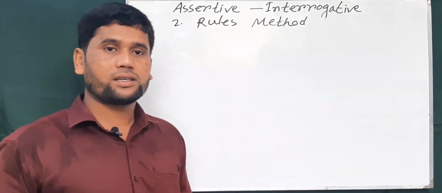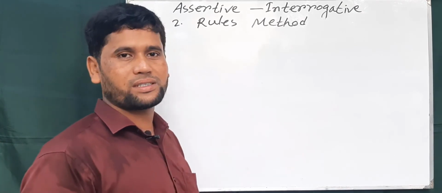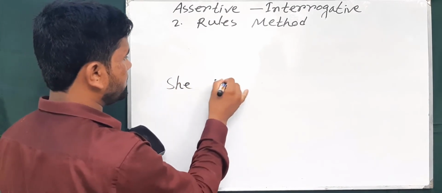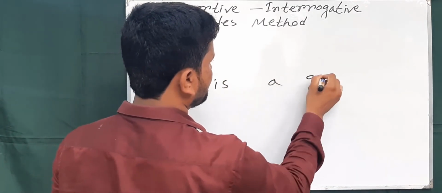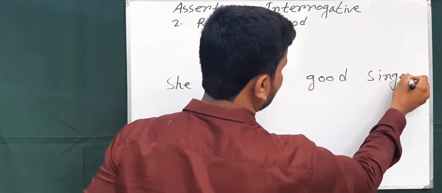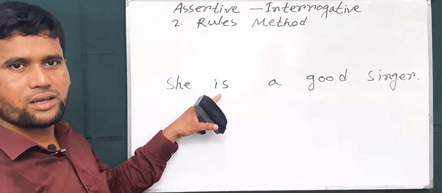So dear student, I think it will be easier if I give you some examples. Just look at the whiteboard. She is a good singer. So here we find an auxiliary verb.